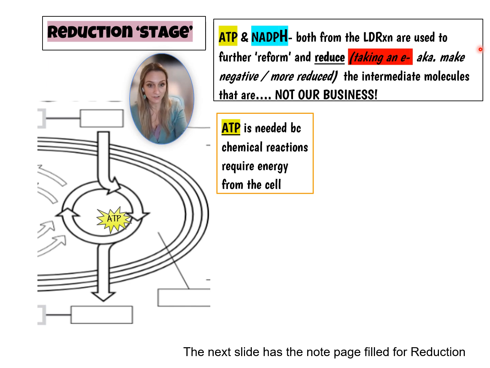Here is that electron. This electron is going to be used to reduce those intermediate molecules. So that's why it's called the reduction stage. If you're taking on an electron, you're taking on negativity, becoming more negative, and that's why it's called the reduction stage. But again, those molecules are not our business.